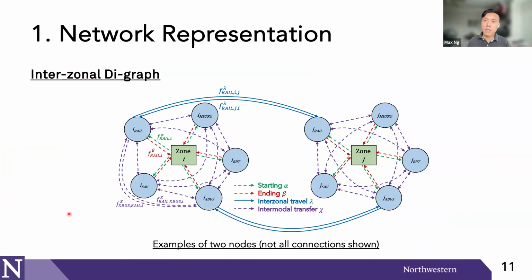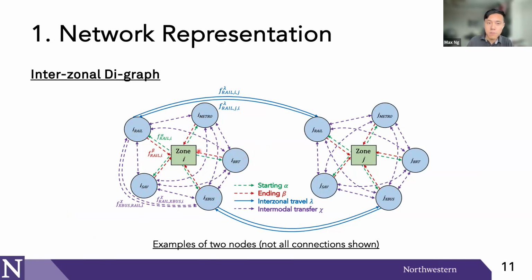Then next, we are representing the whole multimodal network with an interzonal digraph. You can see here we are showing two zones, and each zone is composed of the central node and also the modal nodes, which are blue, around the central node. There are 4 types of arcs here. From the central node to the modal node, the green arc is the starting one, representing the traveler starting their trip, then they go to take, for example, BRT.